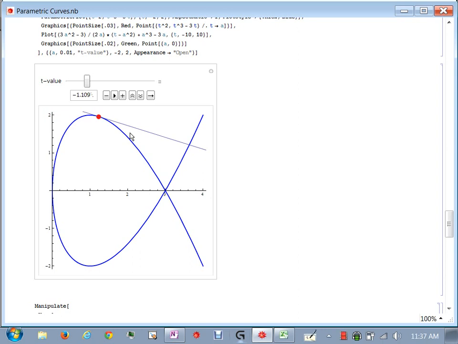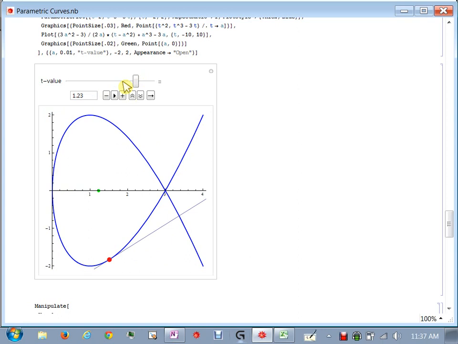Well, the problem here is that for this curve, if I plug in an x, it's one of two different points, up here or down here. The slope of the tangent line up there is different than the slope down here.